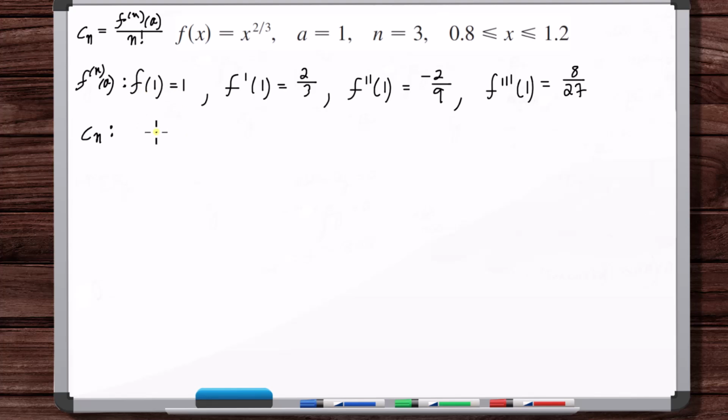This is the 0th derivative, so this is 1. Here we divide by 1 factorial, 2/3. Here we divide by 2 factorial, so this is minus 1/9. Here we divide by 3 factorial, so we're dividing 8 over 27 by 6. 8 divided by 2 is 4, 6 divided by 2 is 3. So 4 over 81.